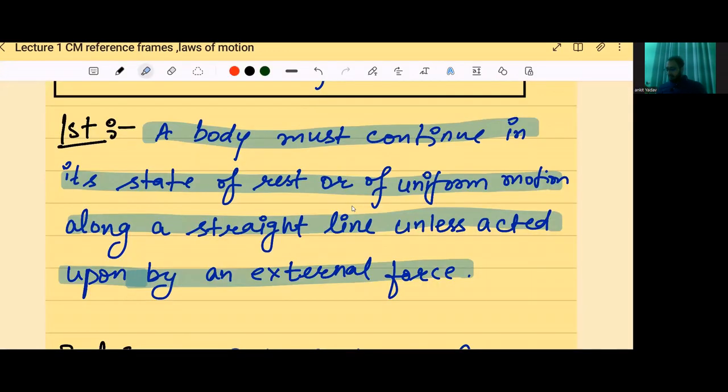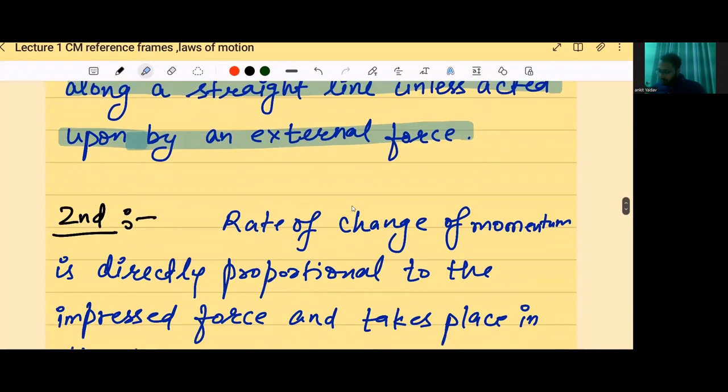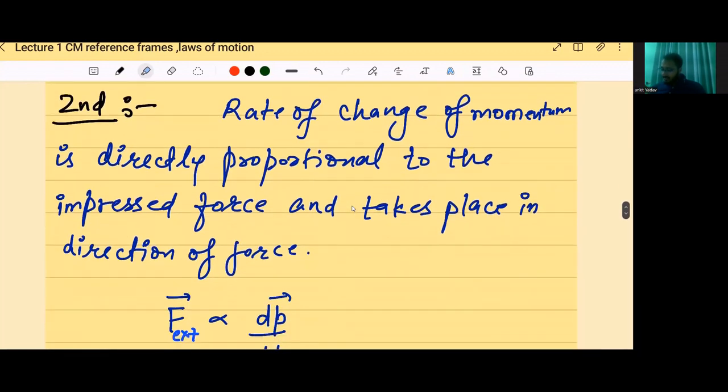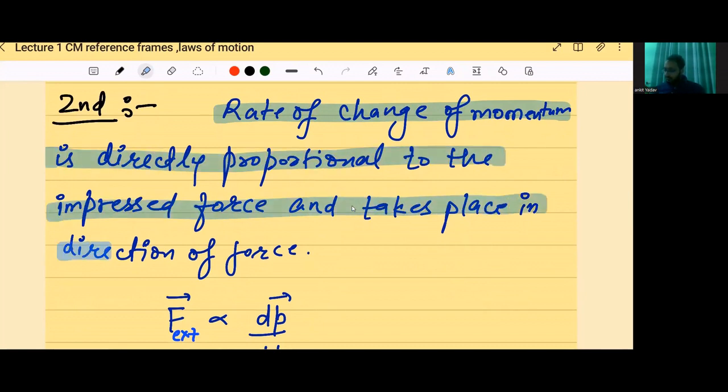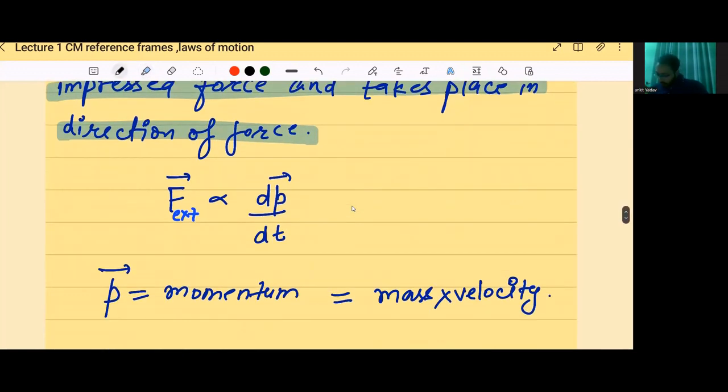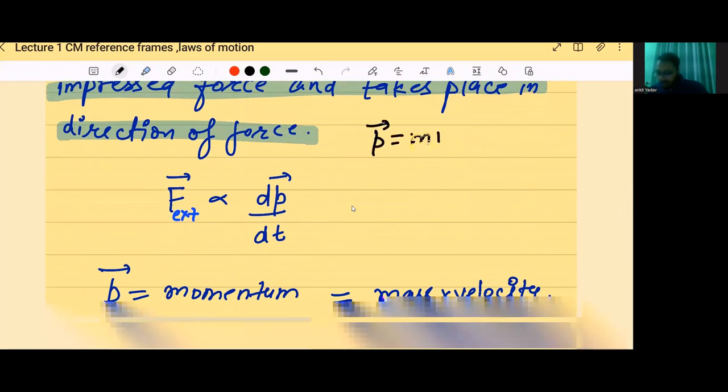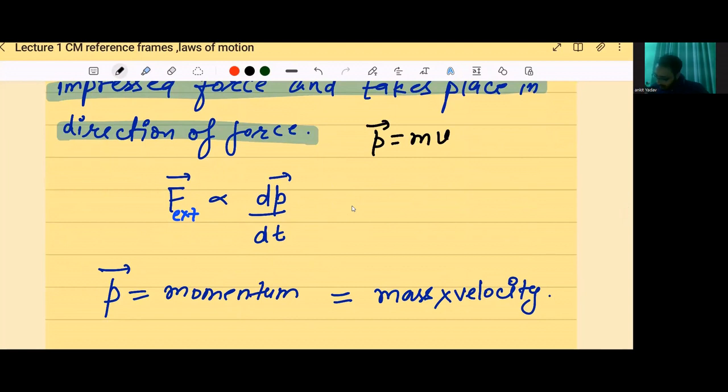Now let's have a look at the second law also. The second law says the rate of change of momentum is directly proportional to the impressed force and takes place in the direction of the force. Momentum is defined by p equals mv, mass into velocity of the particle.